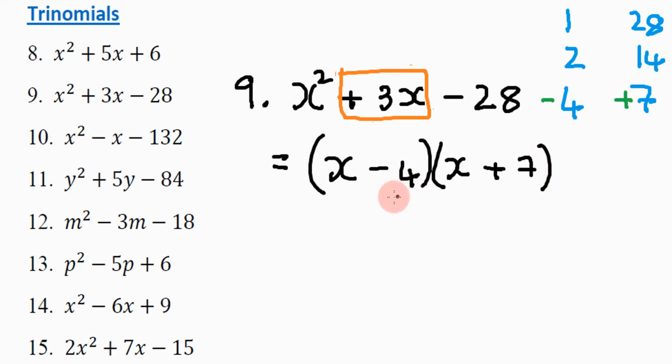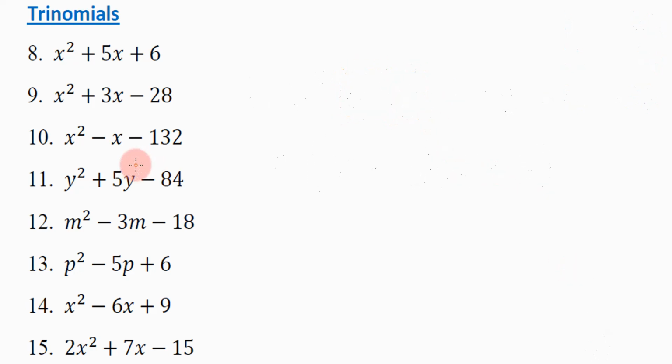Now we must check that when we multiply out mentally, we get back the original. So x times x will give us x squared, negative 4 times positive 7 will give us negative 28, then negative 4x plus 7x will give us positive 3x. Let's look at number 10.